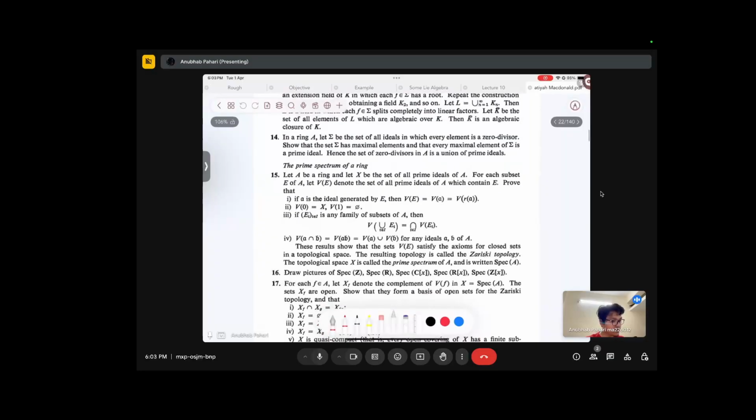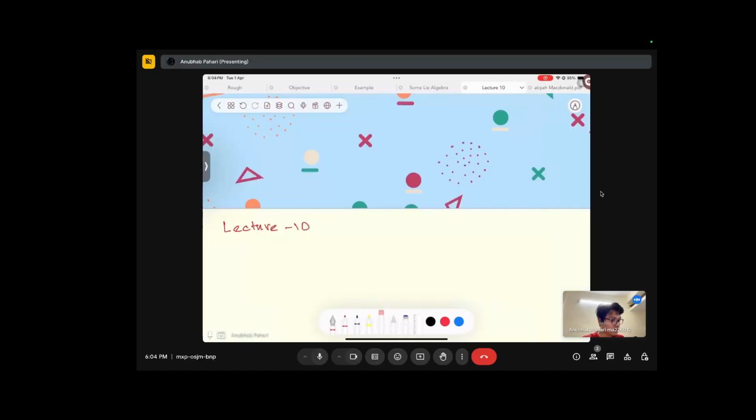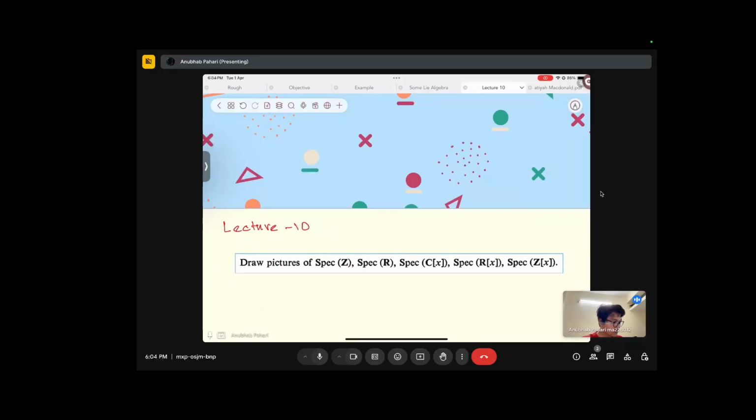Okay, so 15, this problem, constructing a Zariski topology on the prime spectrum of a ring, it is done. Okay, I will be doing this. So let me paste it here. So this will be our problem 1.